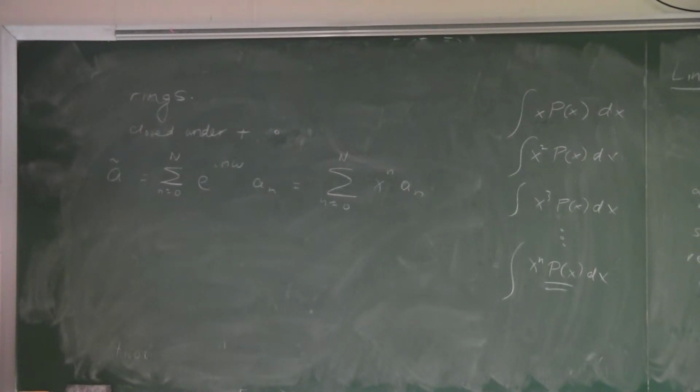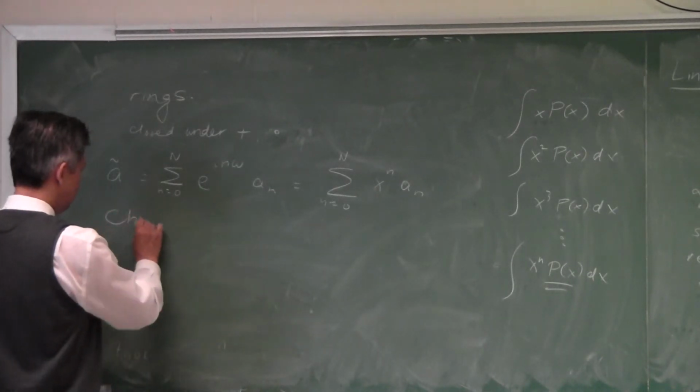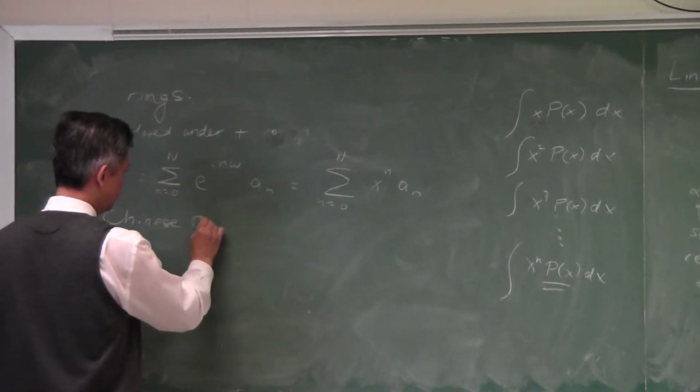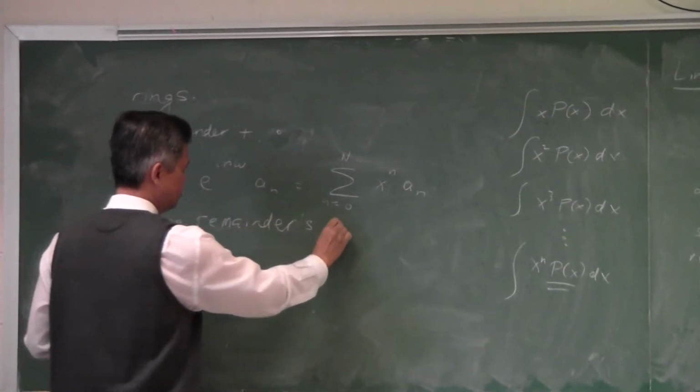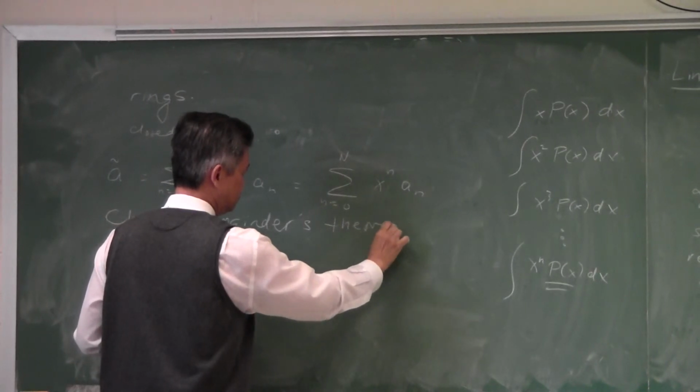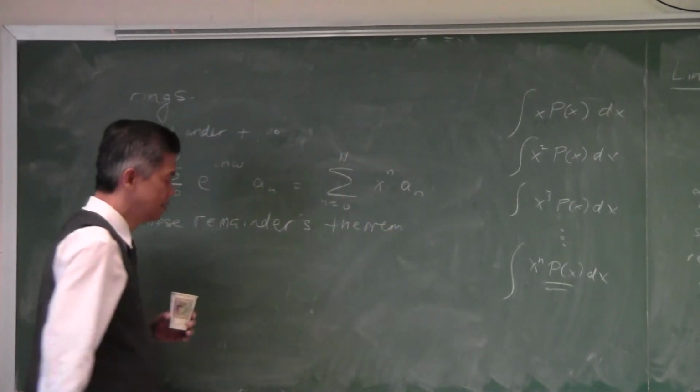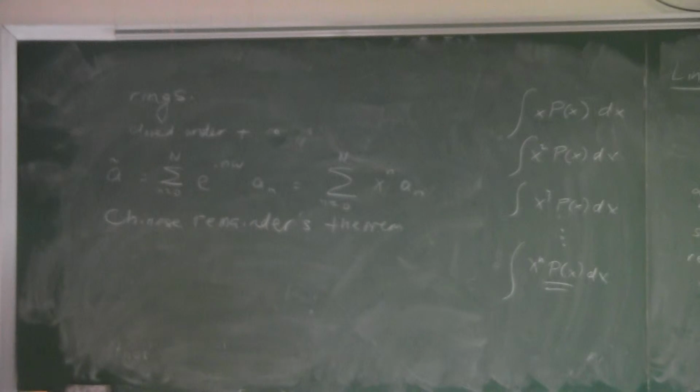There is a very famous theorem that some signal processors study called the Chinese remainder theorem. Do you know what that is? It turns out that if you divide an integer by another integer, you don't always get an integer, you get an integer plus a remainder. Right?